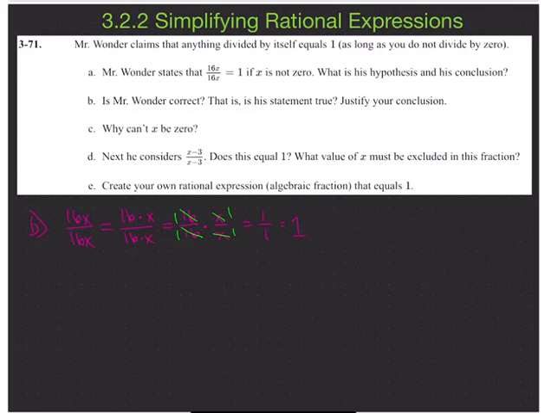If we go back to this original 16x over 16x, what do we know about denominators? Denominators cannot equal 0. So I'm going to put a little green circle around just our denominator, that 16x. We know our denominator cannot equal 0.